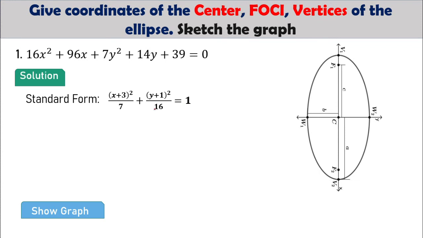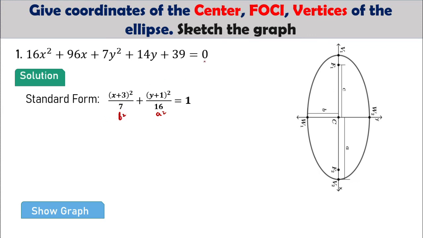So by looking at the equation, is the major axis horizontal or vertical? All right, vertical, because the denominator of y plus 1 squared is 16. So this is the a squared and this is the b squared.